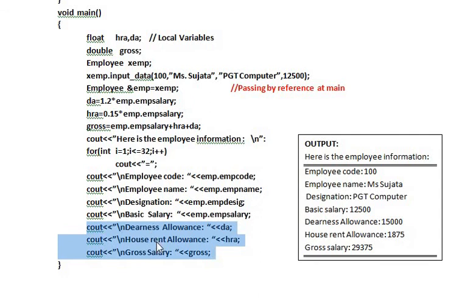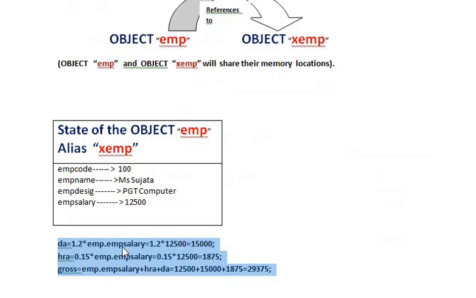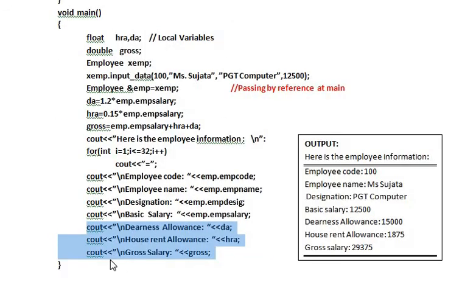In the same way, it prints dearness allowance 15,000, house rent allowance 1875 and gross salary 29,375, because the values for the data members DA, HRA and gross have been calculated and found to be these. And after this step, the program ends here.